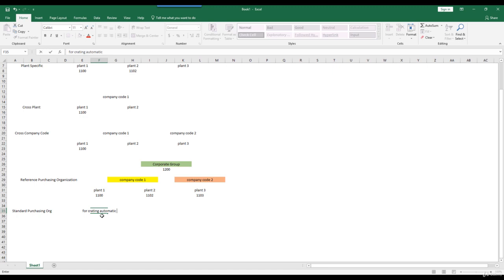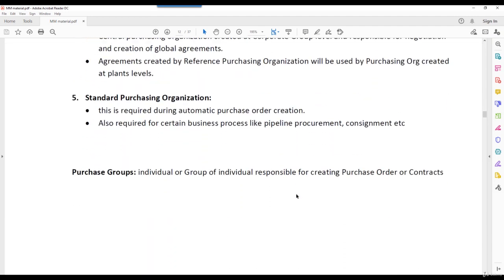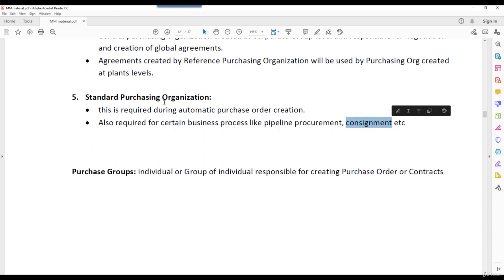During automatic PO creation, we need a standard purchasing organization, and there are other business processes like consignment. Here I mentioned all the theory. It is also required for certain business processes like pipeline procurement and consignment. So that is the reason you need to create a standard purchasing organization.